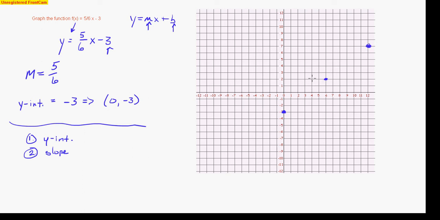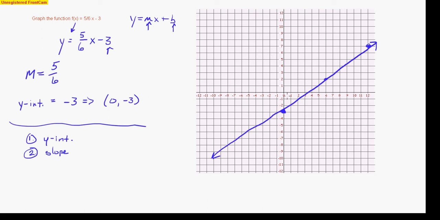Alright, and then once I get 3 dots there, now all I do is I connect them with a straight line. Now I don't have a ruler on this thing, so I'm going to try to connect them with the straightest line that I can. I'll make that one a little bigger. There. Alright, and put my arrows at the end, and there I've graphed it.